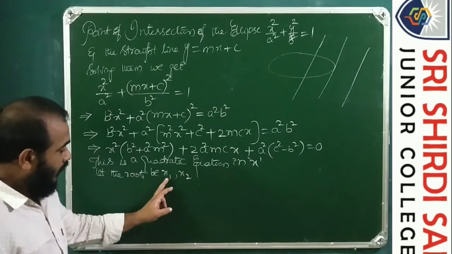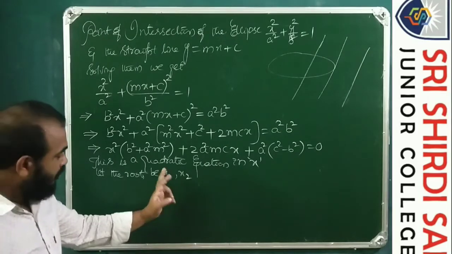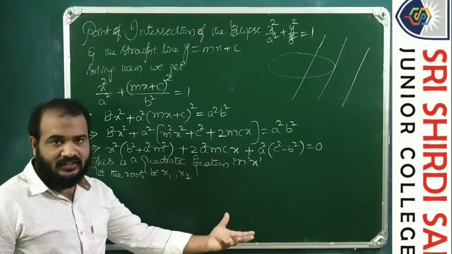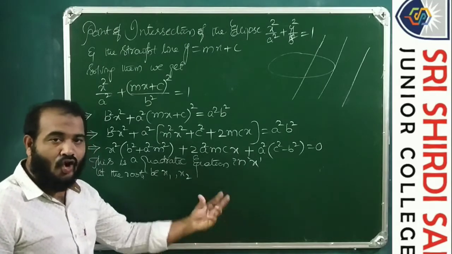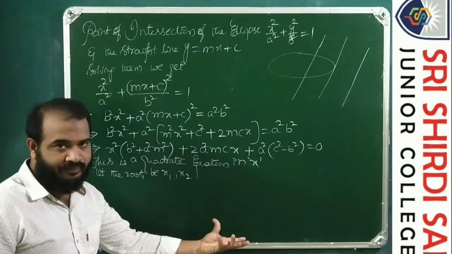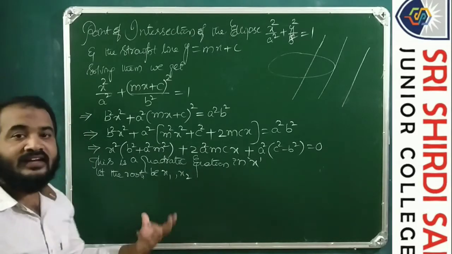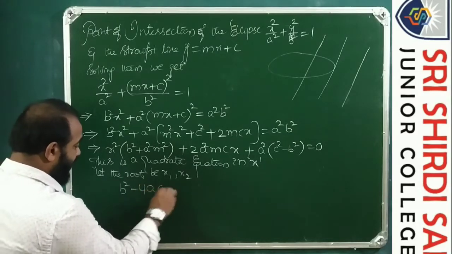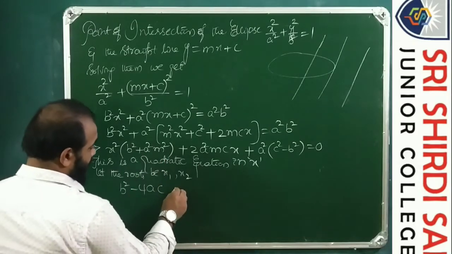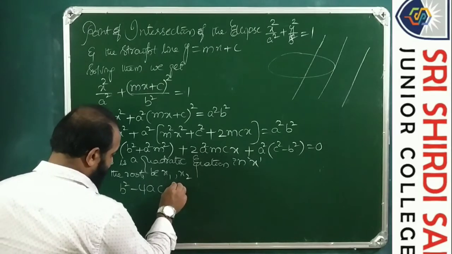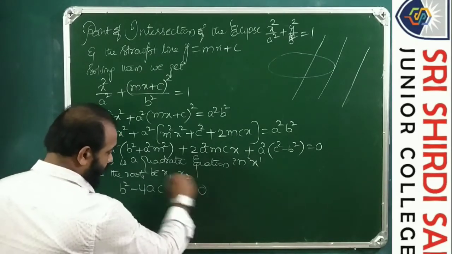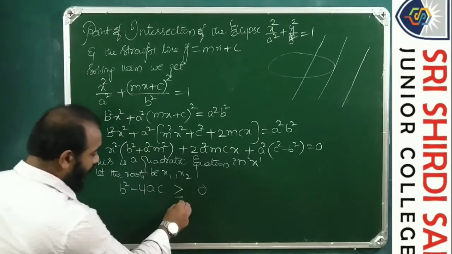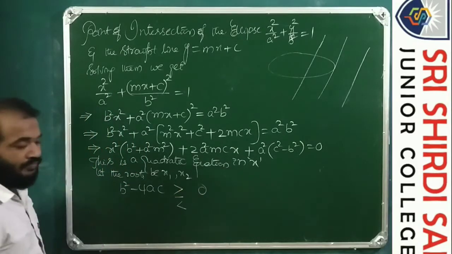The two roots may be real and distinct, or coincident, or even imaginary, depending upon the discriminant. What is the discriminant? b square minus 4ac is greater than 0, or equal to 0, or less than 0.